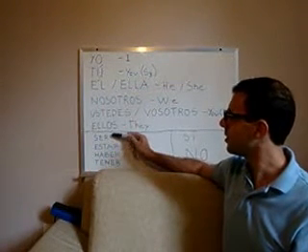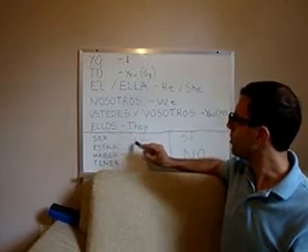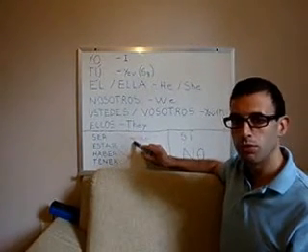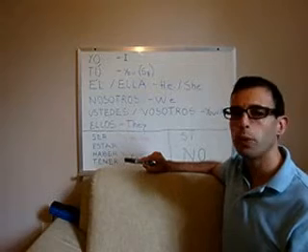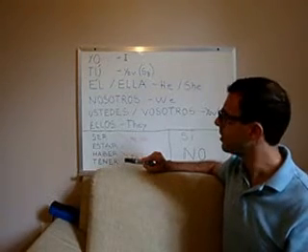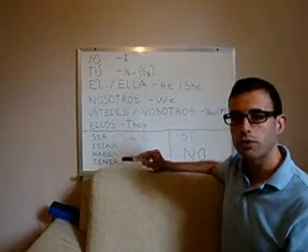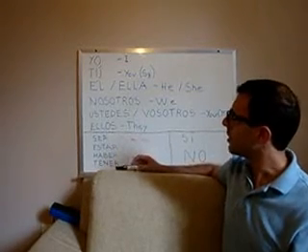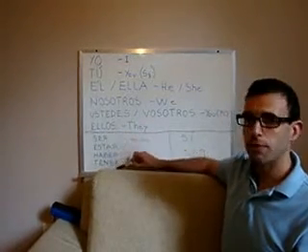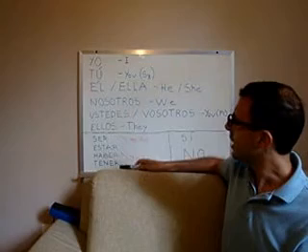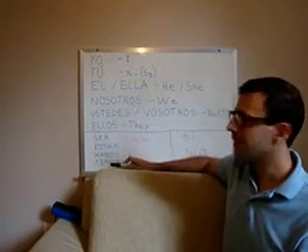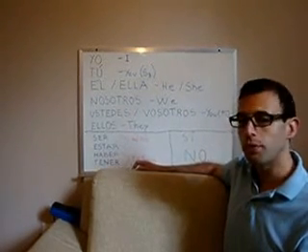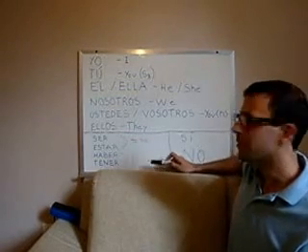Ser would be to be, or estar would be to be. We will learn that later on. For now, I just want you to learn and remember these 4 verbs in Spanish. Haber and tener correspond to the verb to have in English.